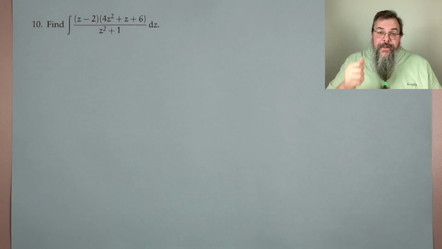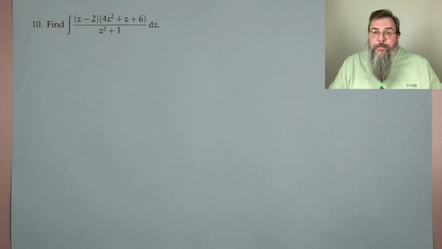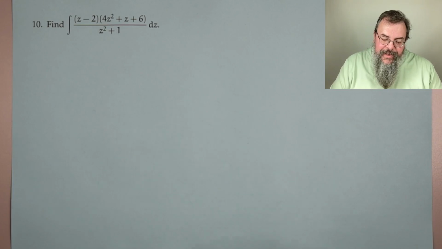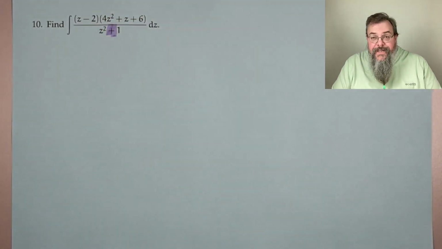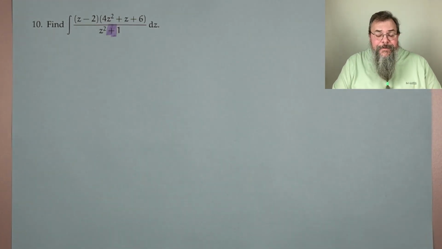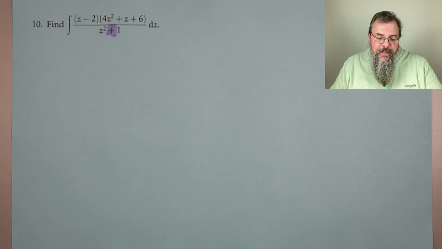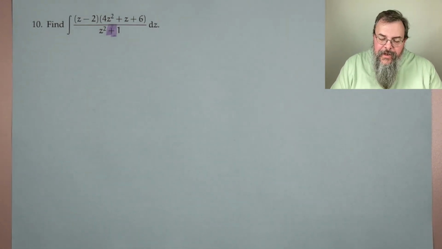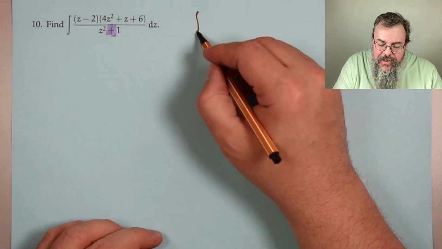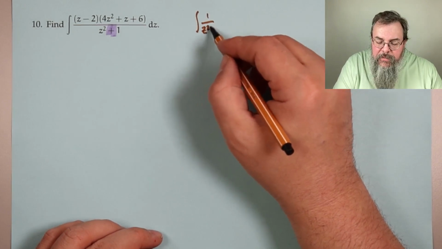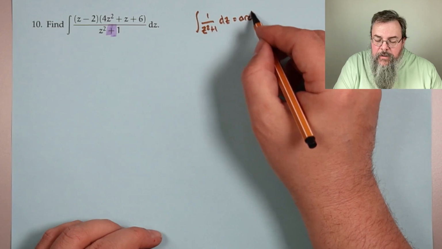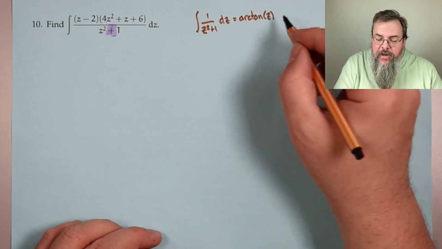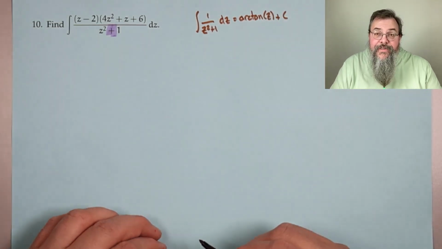Now, one thing that's making us a little bit nervous, and we probably can spot it right away, is that z squared plus 1 downstairs. But what does that mean? It means we're going to have to do some work. That's all right. We know in the back of our head there's a nice fact. We wrote it down before, but it's such a nice fact, it bears repeating. The integral of 1 over z squared plus 1 dz, we can find that antiderivative, arctangent of z plus c.